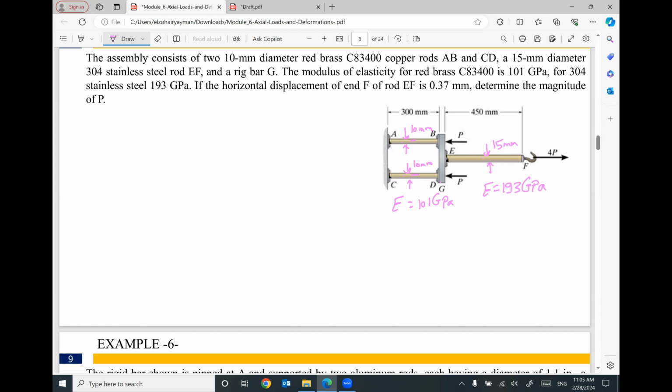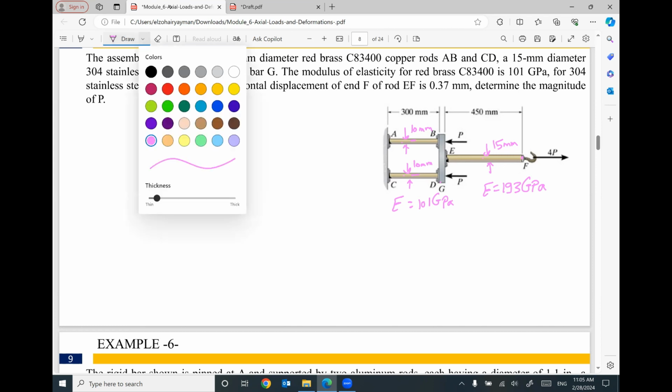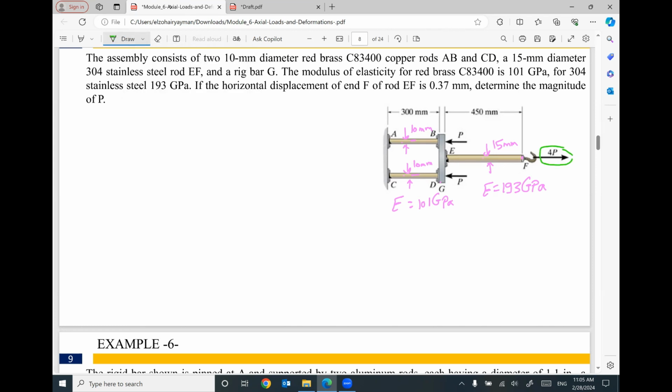If the horizontal displacement of end F under the effect of the applied force P gives an elongation at point F equal to 0.37 millimeter, what is the value of the applied force P?